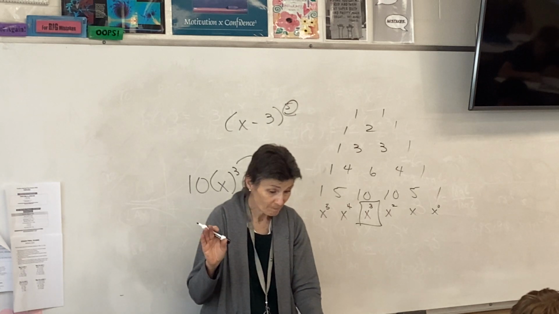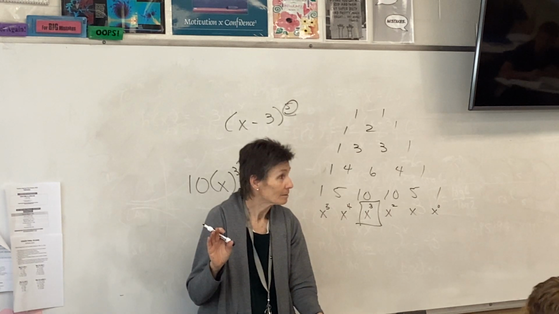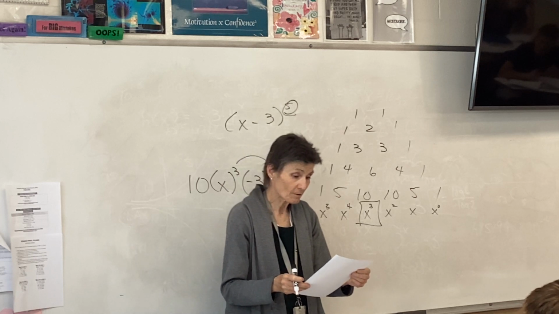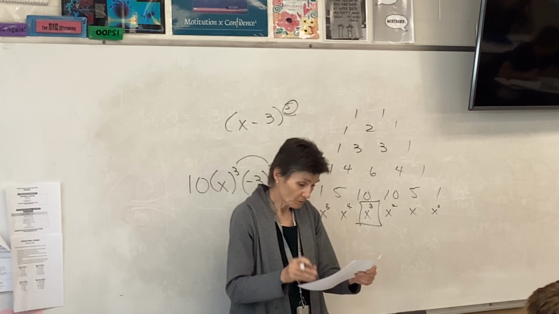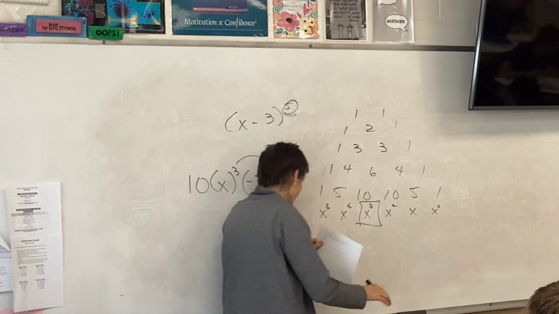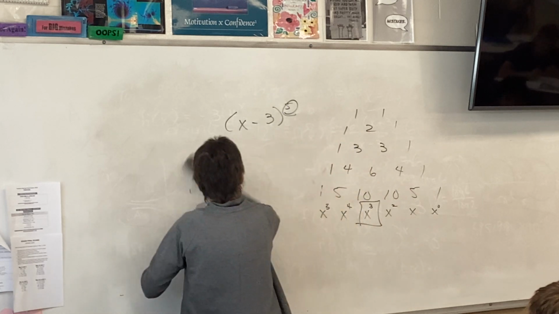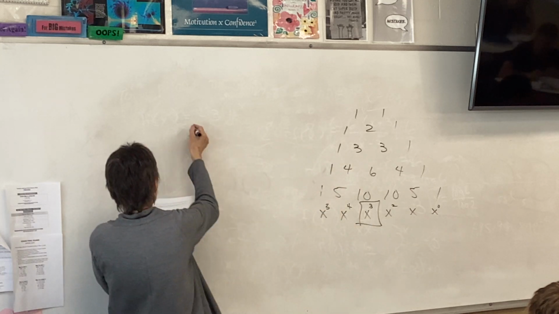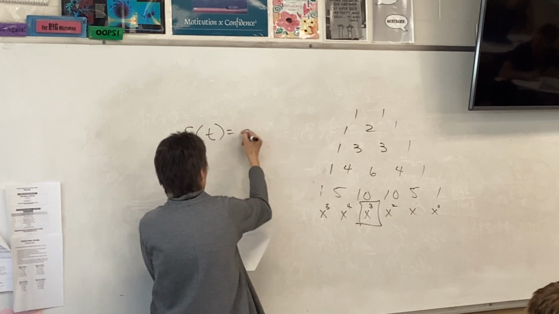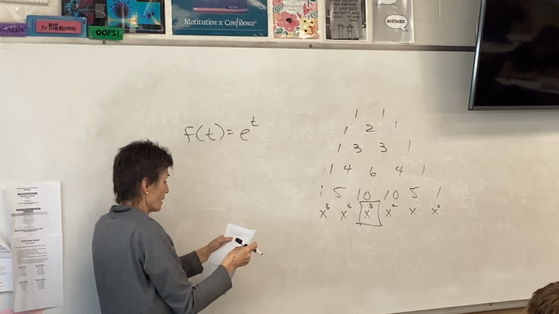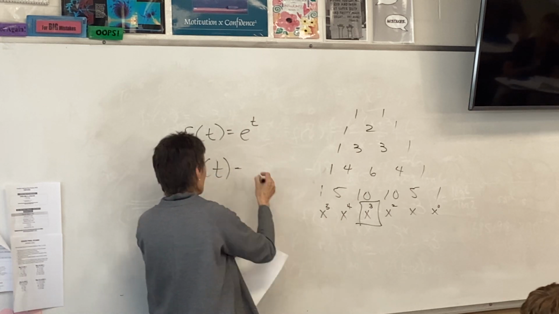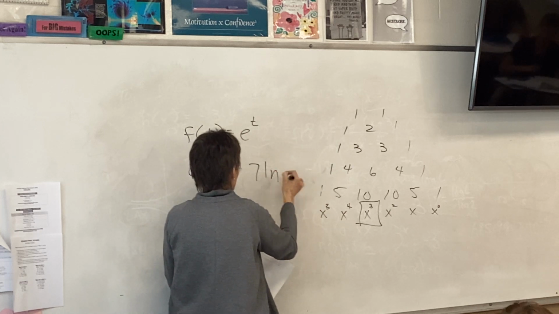Did you get to 13? Yeah. I tried it. Tried it? Yes. Shall we do it together? All right, we'll do 13 together, and we already did 14, so you can start with 15. All right, let's do 13 together. We have f of t equals e to the t, and g of t is 7 ln t.